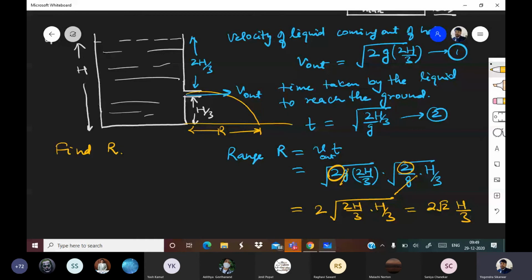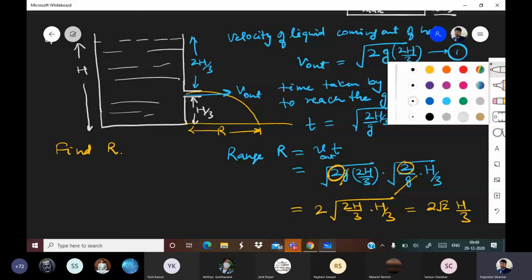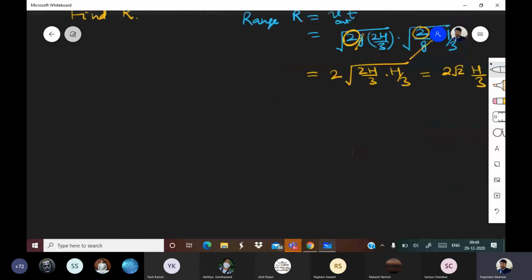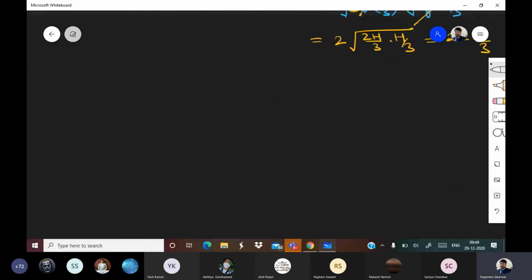Now using the same concept of Bernoulli's equation or Bernoulli's theorem, we can explain the swing of a ball. So let us talk about that also. Swing of ball. All right.